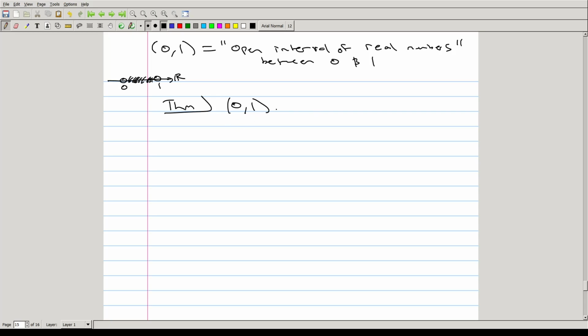So we can show that the interval from 0 to 1 is in bijection with the set of all real numbers.